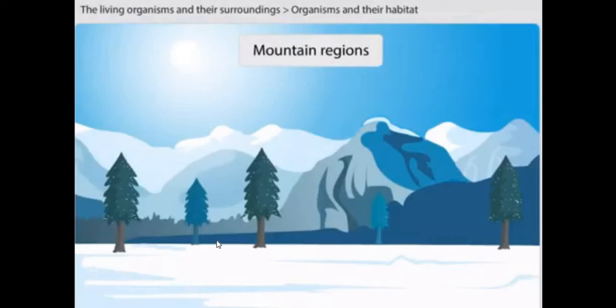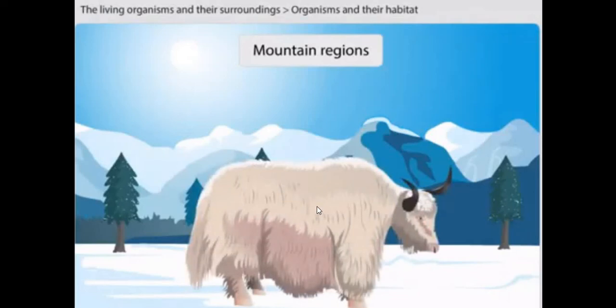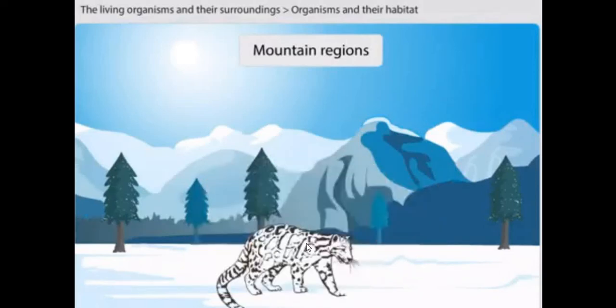Similarly, animals who live in these mountain regions, in cold areas, also adapt to their environment. What do they do? For example, a yak. A yak is covered in heavy hair or heavy fur.